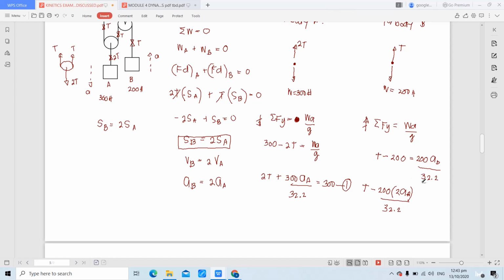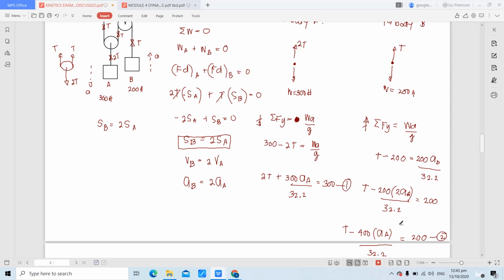This moves over and becomes positive 200. Simplifying, tension T minus 400 acceleration of body A over 32.2 is equivalent to 200. Equation number 2.